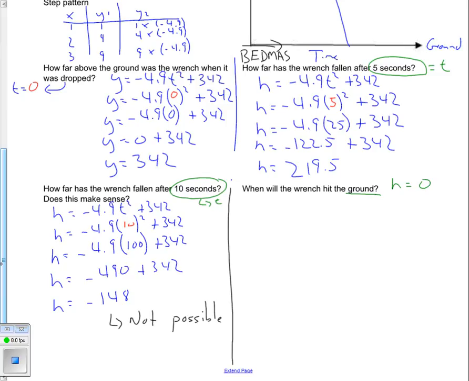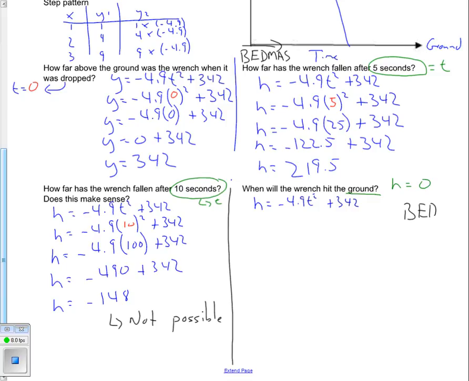We're trying to figure out the t value. We know h is equal to negative 4.9 t squared plus 342. We're going to use reverse BEDMAS to isolate our t.